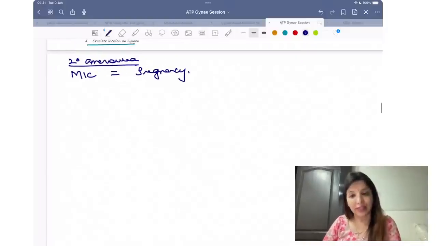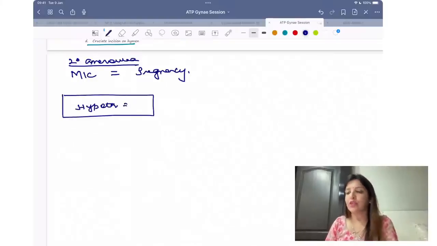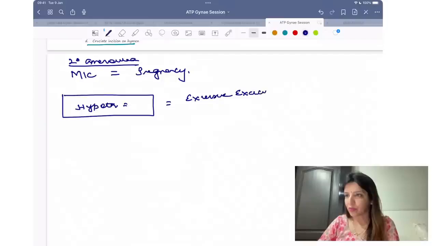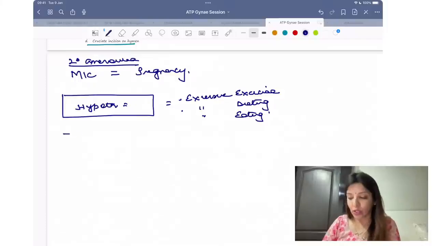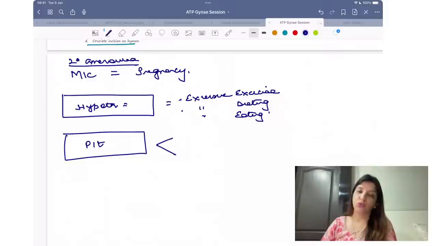Then the other causes. Causes related to hypothalamus are excessive exercise, right? Excessive dieting, that is anorexia, excessive eating, that is bulimia. Then causes related to pituitary. Causes related to pituitary दो होते हैं.